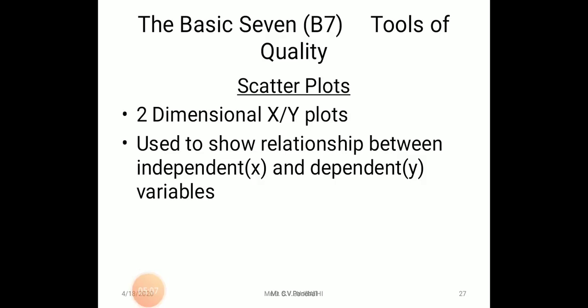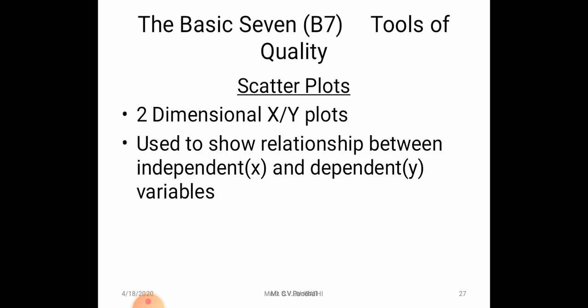Till now we have studied: the first one was the fishbone diagram, second histogram, third Pareto analysis, then fourth flowchart, and now this is the fifth basic tool of quality. This is the scatter plot. A scatter plot is a two-dimensional x by y plot, used to show the relationship between independent and dependent variables.